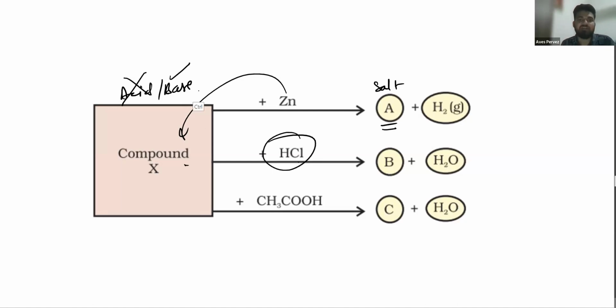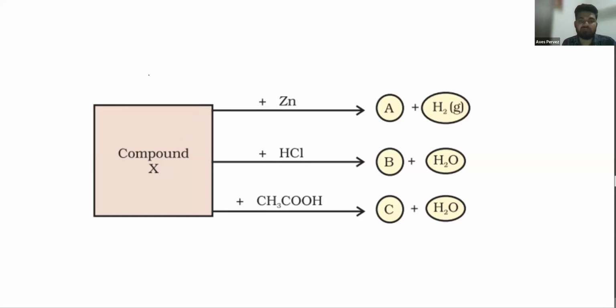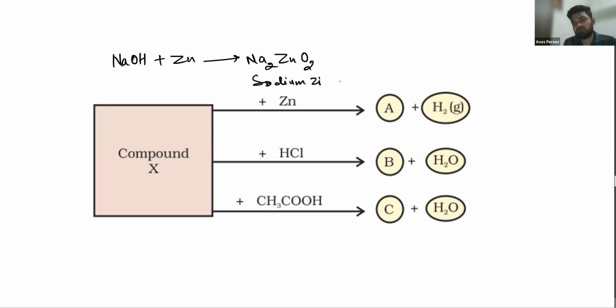So we have to write the correct equations for each part. If it is NaOH, then it reacts with zinc and gives you sodium zincate, Na2ZnO2, plus hydrogen gas. This we have studied previously.